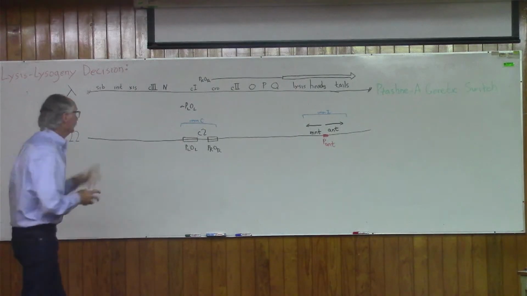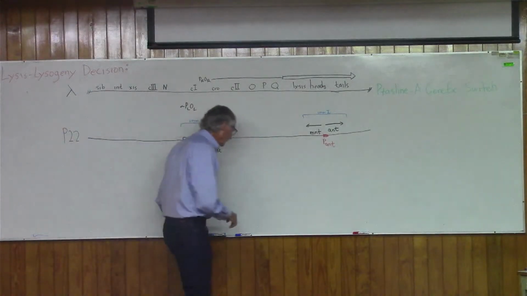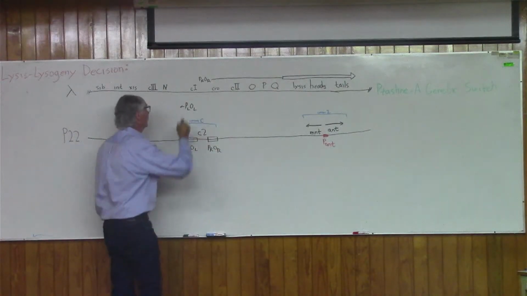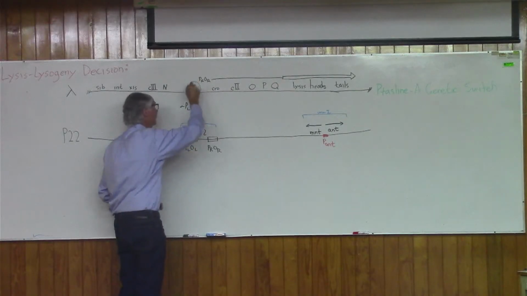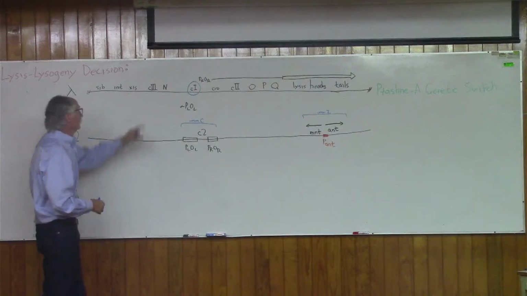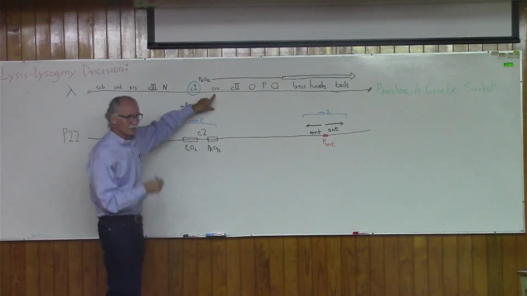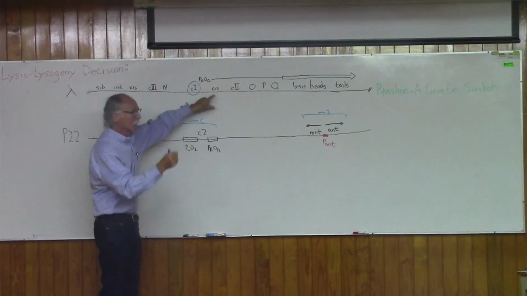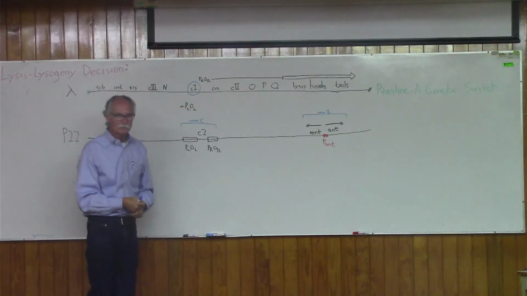The whole thing with bacteriophage lambda is dependent upon how much of the C1 repressor is made. Pro is a key signaler in terms of telling how much C1 is made.